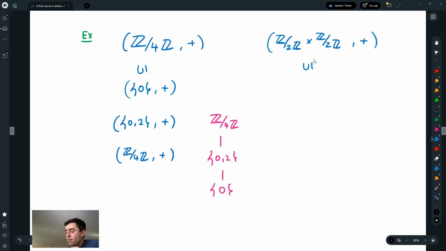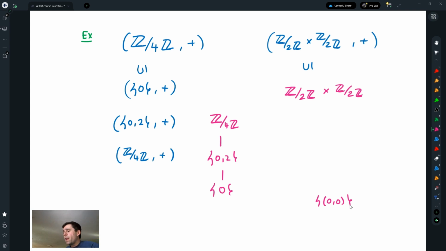Now, in Z modulo 2 cross Z modulo 2, let me draw it again directly as a lattice. I have the subgroup which is just the trivial subgroup. Then I can have, for example, the element (1, 0). So if I have (0, 0) and (1, 0), then (1, 0) plus itself is (2, 0), which is (0, 0).